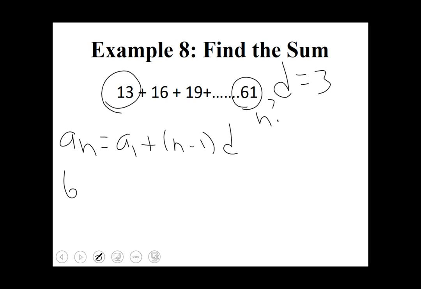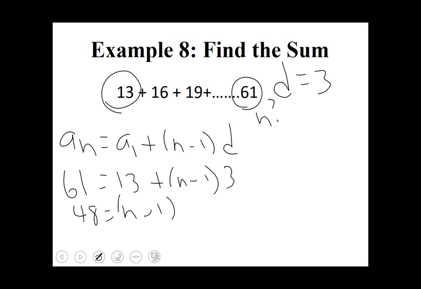You know that the last term is 61. You know that it's starting at 13, and you know that the common difference is 3. Subtract 13. Divide by 3. That then concludes that n must equal 17, which means that 61 is the 17th term in this sequence.